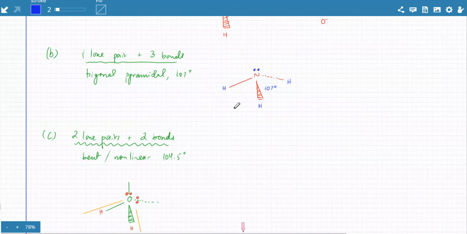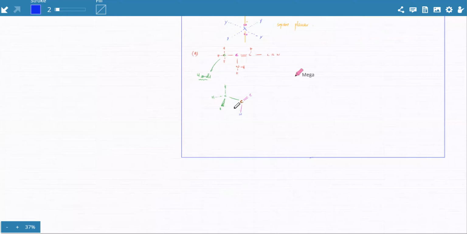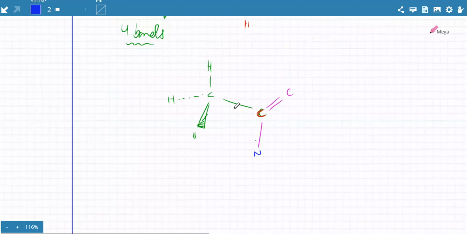Okay, is this clear? So I'm going to draw an inverted pyramid now. Sorry. So it's going to look like a pyramid because there's a lone pair sitting on top.